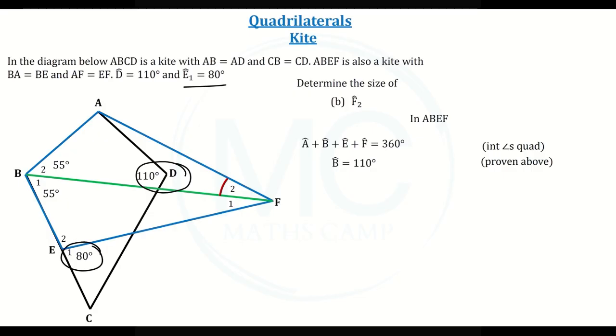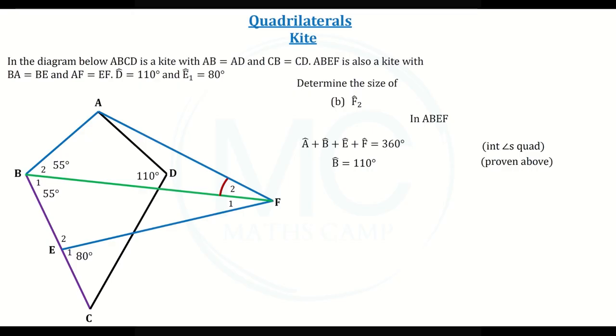We are going to use this to help us find the size of angle E2 over here. We know that BEC is a straight line because it's the side of kite ABCD. So let's make it purple. Remember that even though we are working with quadrilaterals, we can still use the other information we've learned in this section to help us.